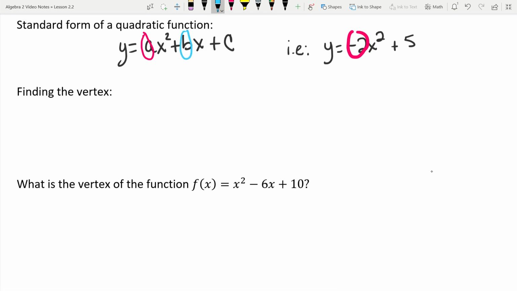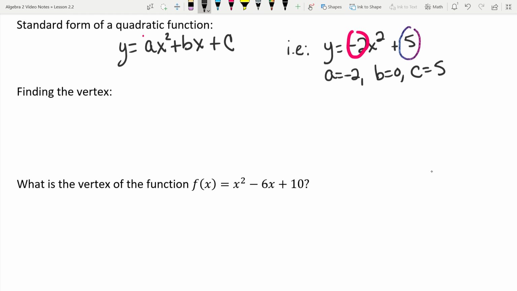This is b, and then we'll say that c is this guy. So in this case, all we have is a and c. We don't have a b. So in this example, a is negative 2, b is 0 because there's no x term, and c is 5. Okay, so that's an example of something that's a standard form, but you're missing the b. The b is 0.